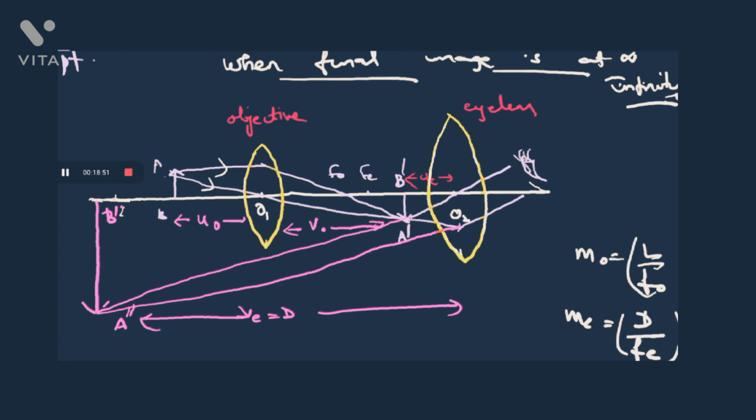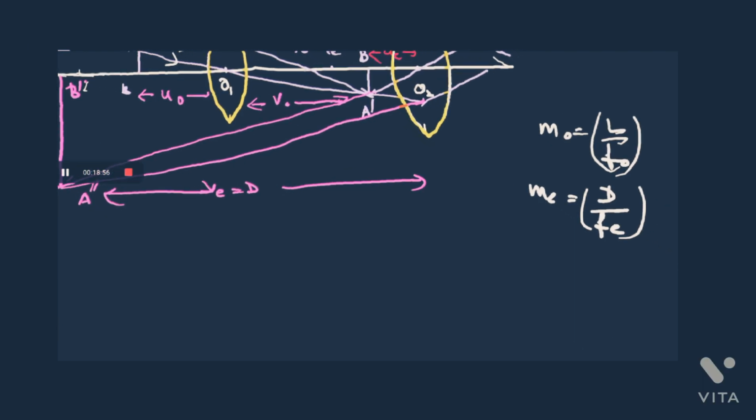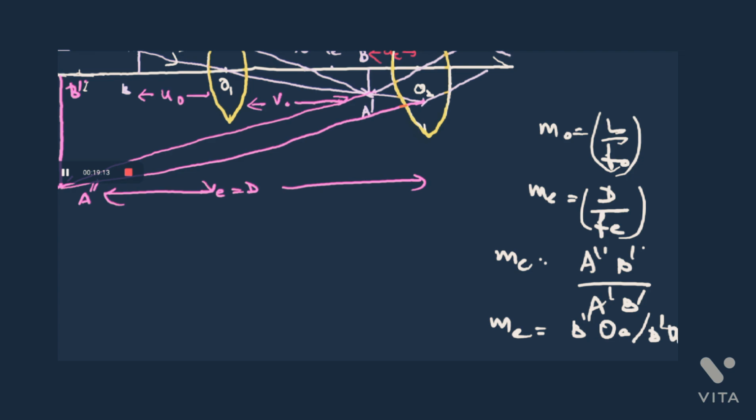By applying the same concepts we discussed, ME is equal to A double dash B double dash by A dash B dash, which is B double dash O2 by B dash O2, which is nothing but D by FE. So ME is D by FE and M naught is L by F naught.